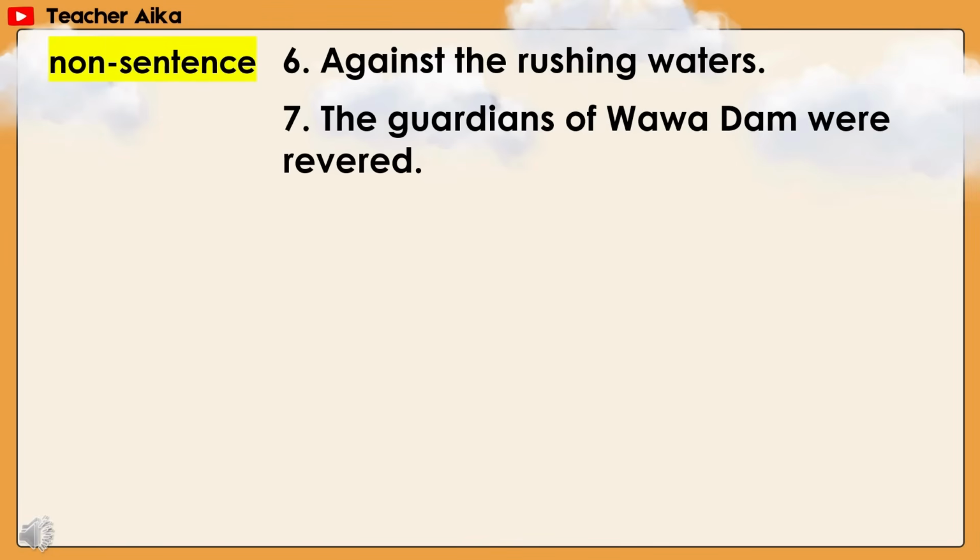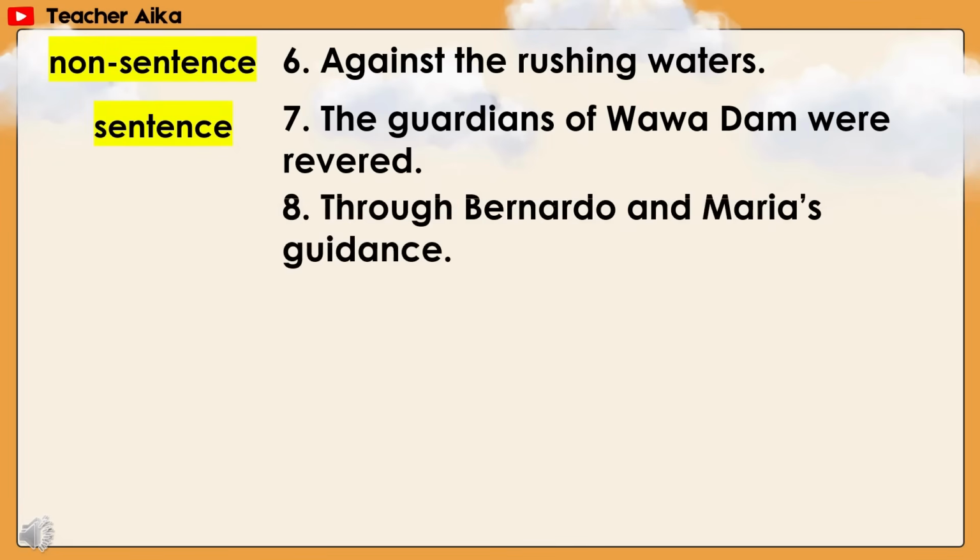Number 7. The guardians of Wawa Dam were rovered. Answer: sentence. Number 8. Through Bernardo and Maria's guidance. Answer: non-sentence.